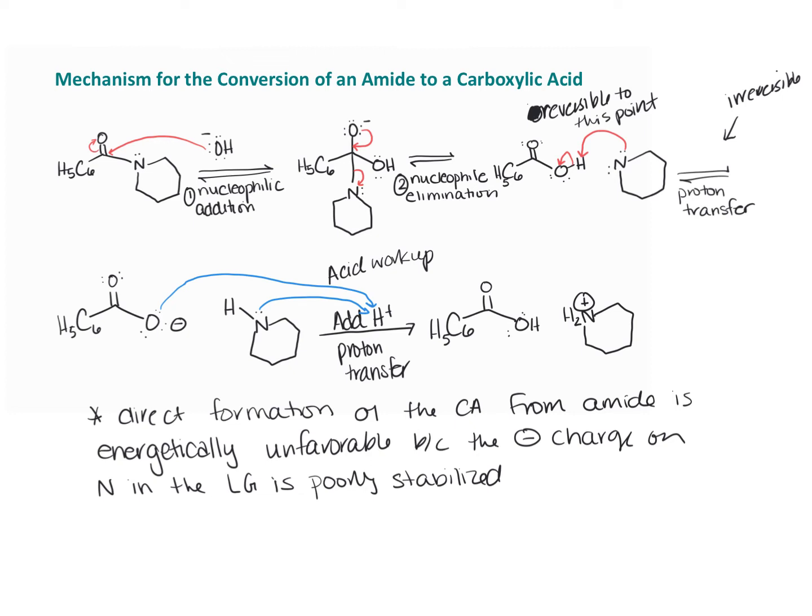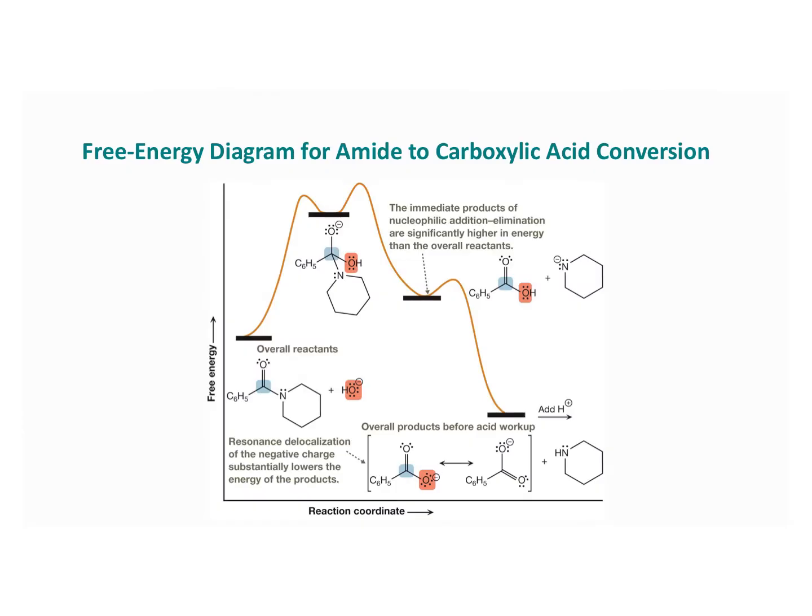So just like with the saponification reaction, we are going to look at the free energy diagram of this to explain why the amide hydrolysis takes place. Notice that the immediate products from the nucleophilic addition and elimination are higher in energy than the overall reactants.